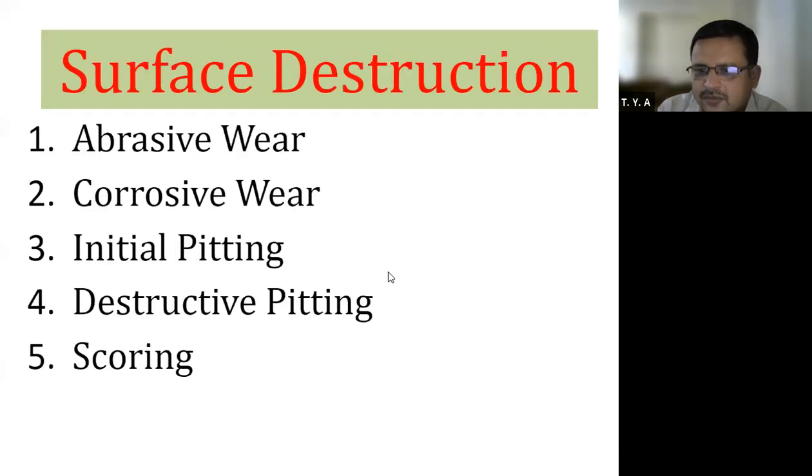Breakage of the tooth is nothing but due to interference or undercutting of the gear tooth. Now we will see surface destruction. Write down surface destruction. In surface destruction, we are going to study 5 types of wear.